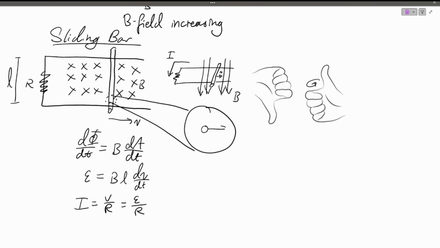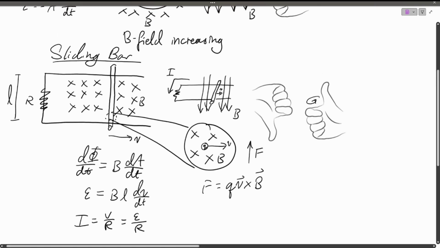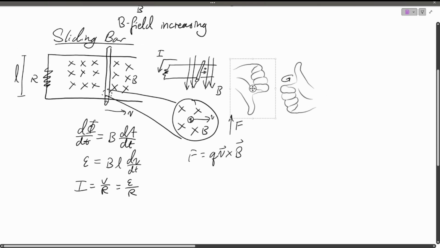You have a bunch of charge in the bar that's moving to the right with some velocity v in a B field which is pointing into the page. So then you can just do F is equal to qv cross B. And if you do that cross product, that right-hand rule, you'll find that the force is up, which would suggest a current up. Same answer as we got using the other right-hand rule.